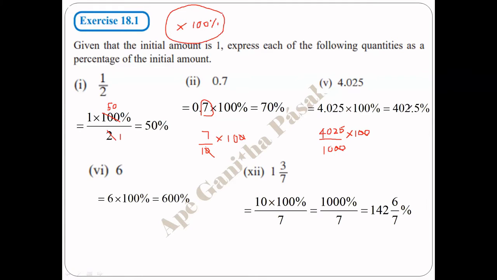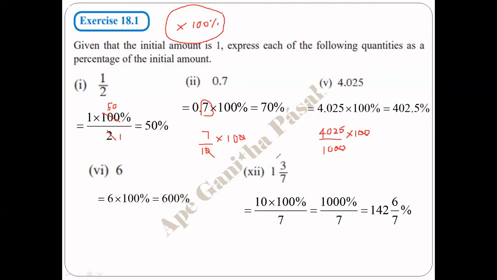So 402.5%. Now there's a whole number. The whole number is 6. So how to convert that into a percentage? Same method. Multiply by 100%. 6 into 100, 600. Then the answer is, yes, very easy. The answer is 600%.